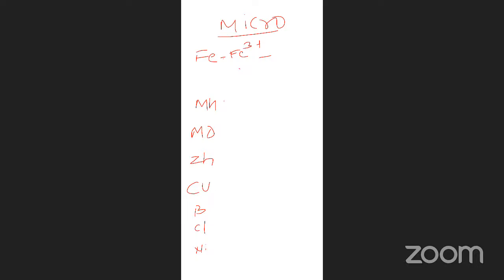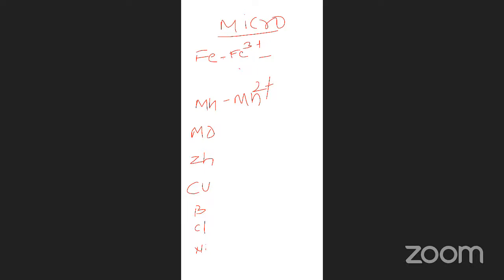Manganese. Manganese is absorbed in the form of manganese ion. It activates many enzymes involved in photosynthesis, respiration and nitrogen metabolism. The function of manganese is in the splitting of water.